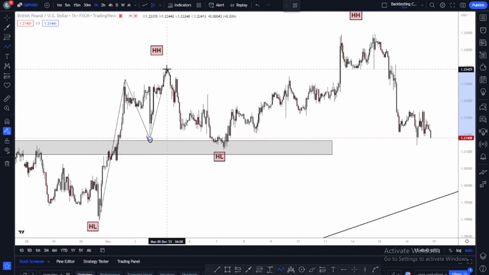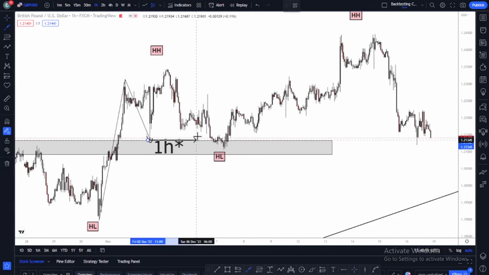So after we saw this, what did we do next? We waited for price to close below this H1's higher low, which also serves as a break of structure. When that happens, it means price has broken structure on the H1 time frame.